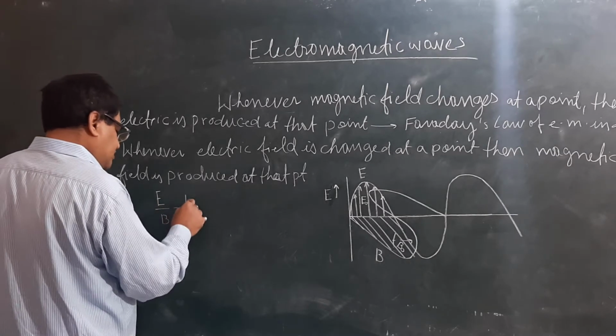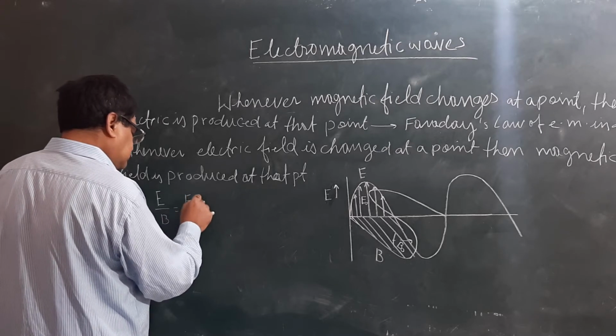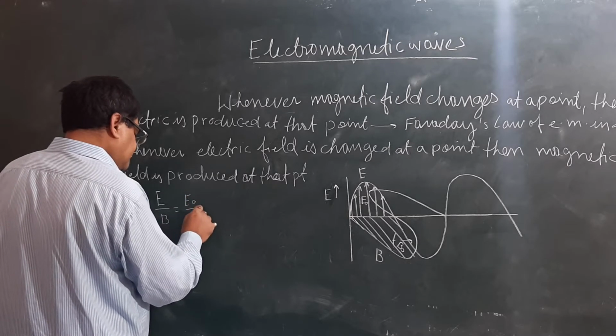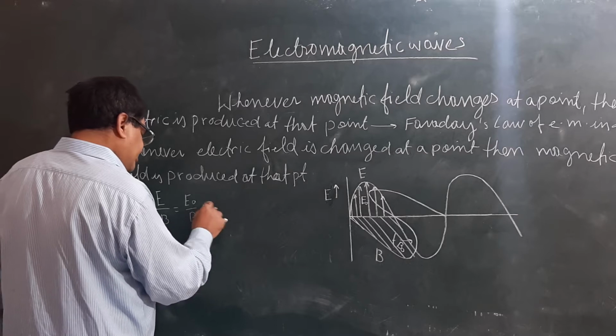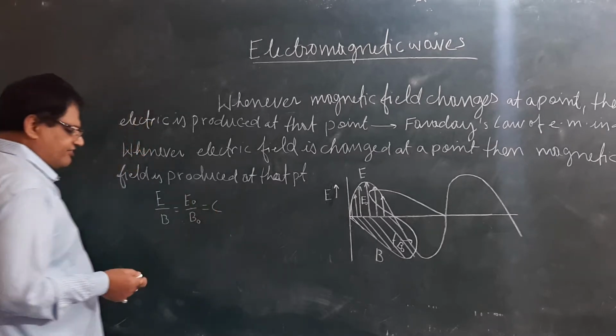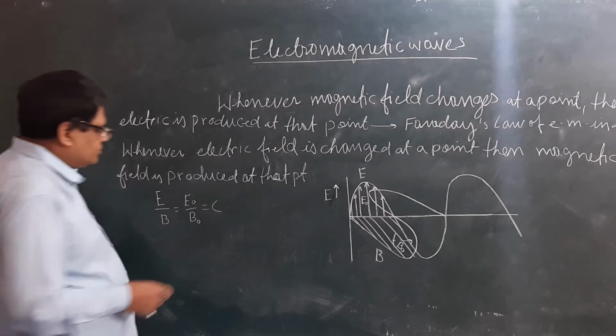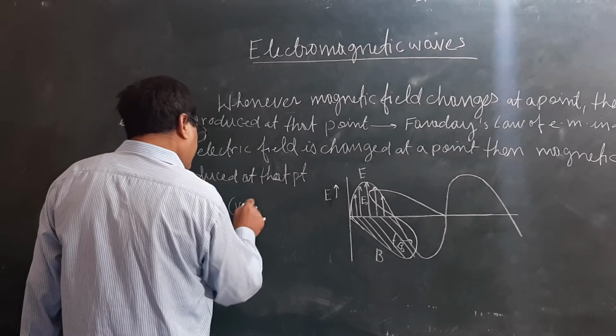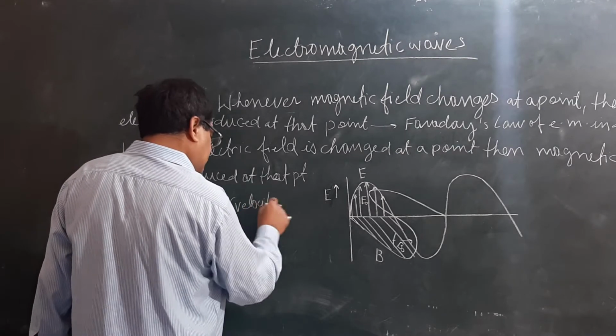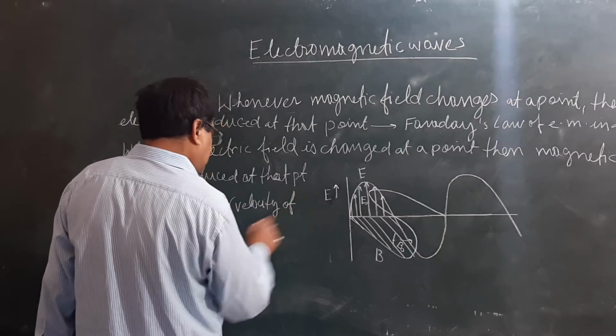That is equal to E naught by B naught, and that is equal to the velocity of light. Velocity of light is represented by C.